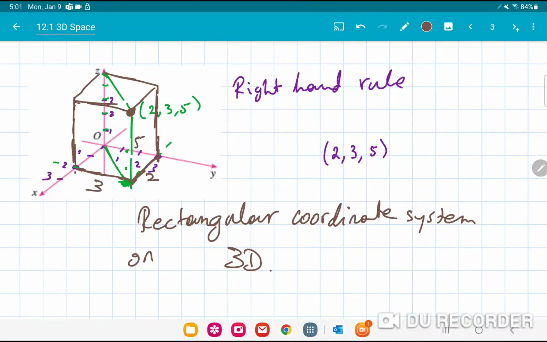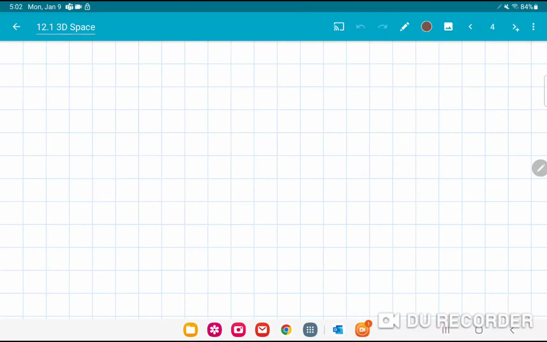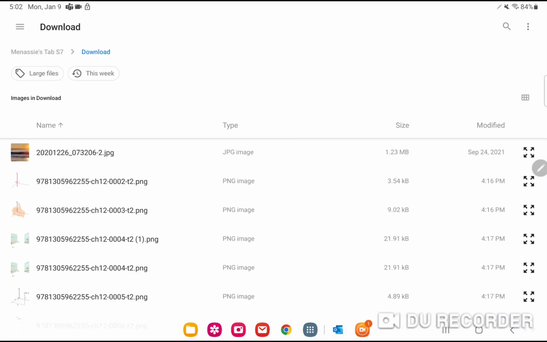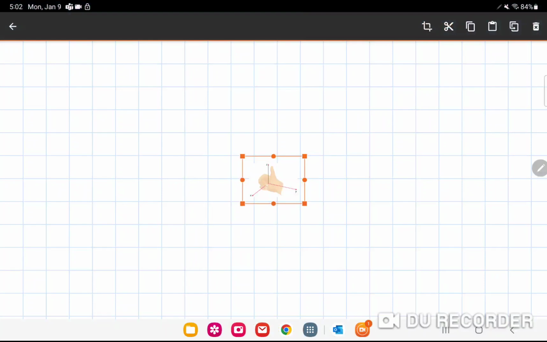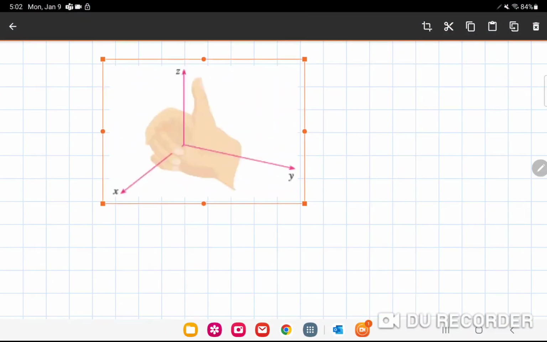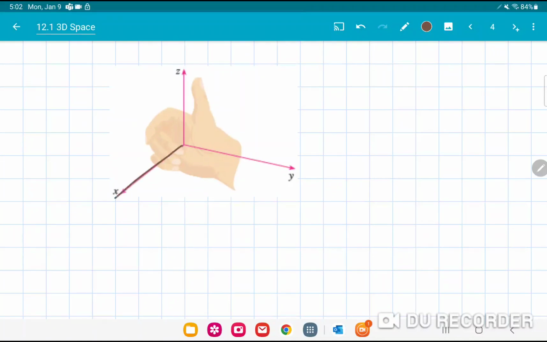So let's see if I can show you what we have with the right-hand rule. So that's the x-axis.